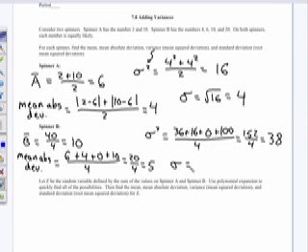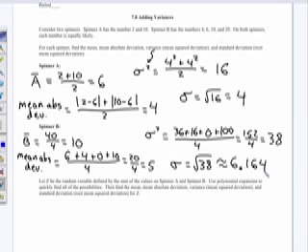Then our little sigma, well, we had sigma squared, now we have sigma, so we must take the square root of 38. A bit more than 6. 6.1, 6.164. Okay, so we have that.